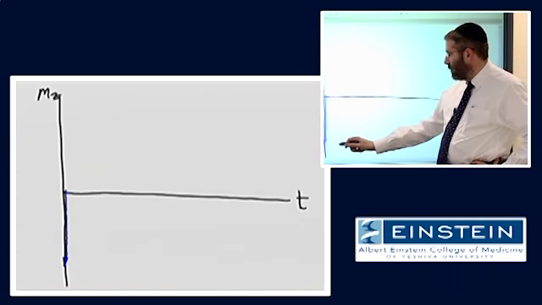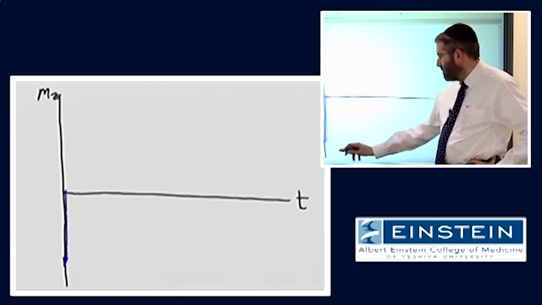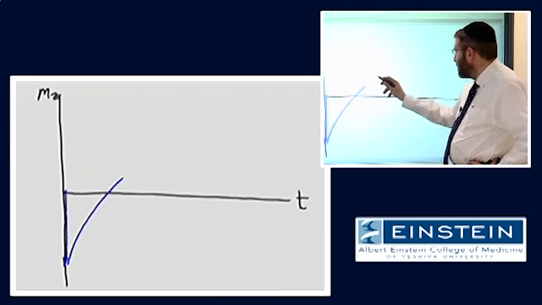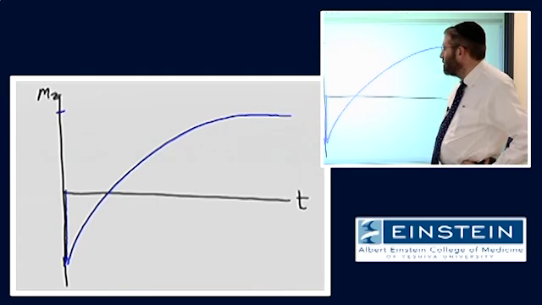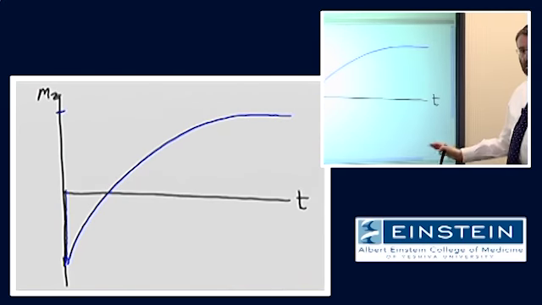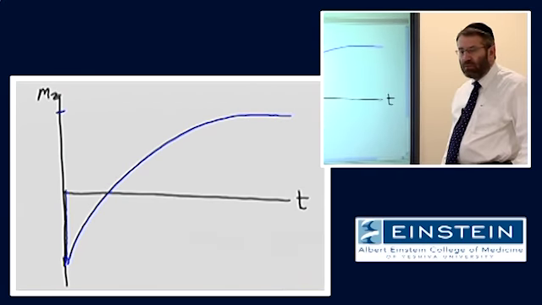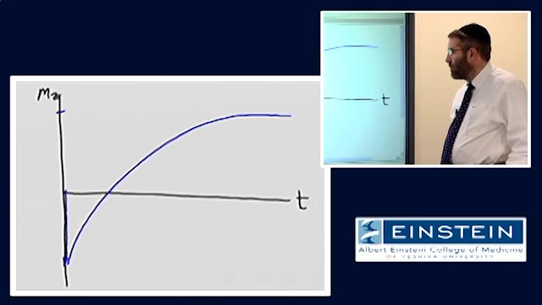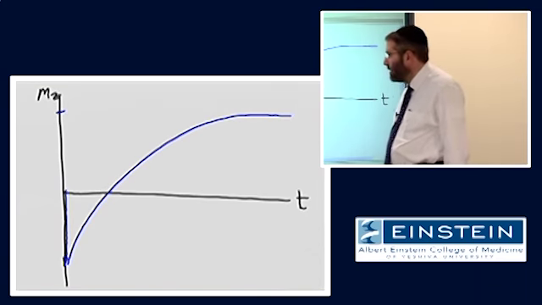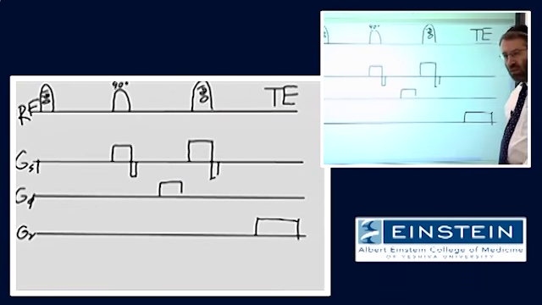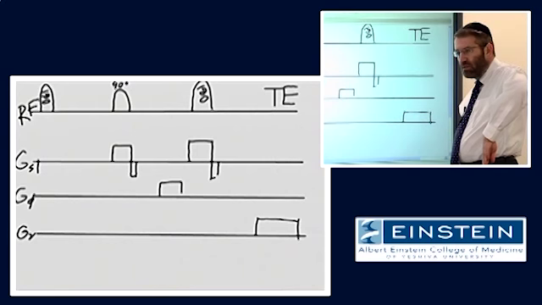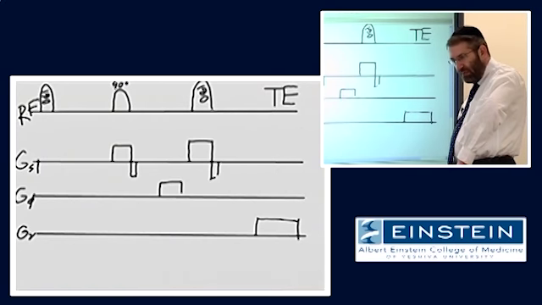And if we follow it over time, it is going to recover in approximately 5 times T1. Now, in the pulse sequence diagram, what it's telling us is that we give that 180-degree RF pulse, and then what happens to that magnetization?